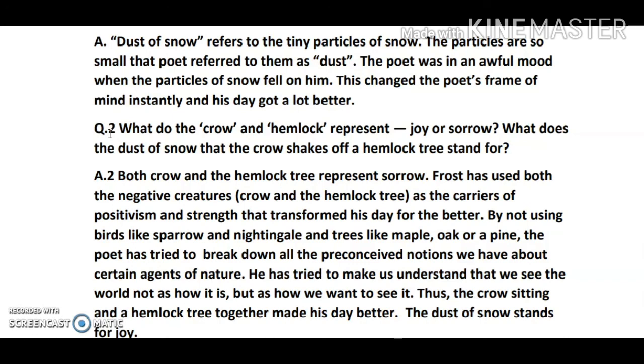He has tried to make us understand the world not as how it is, but as how we want to see it. Thus, the crow sitting on the hemlock tree together made his day better. The dust of snow stands for joy.